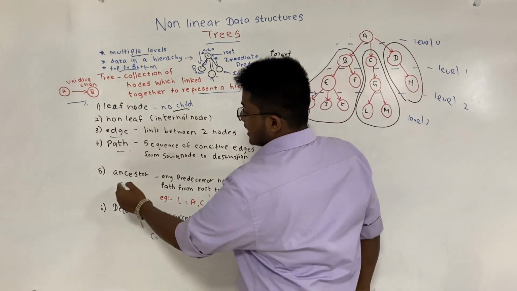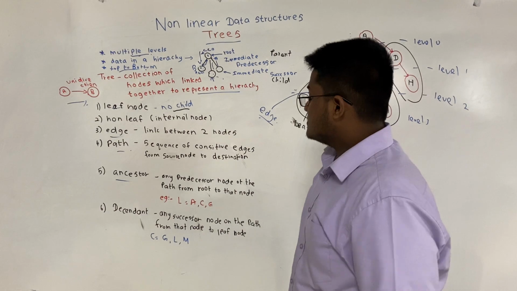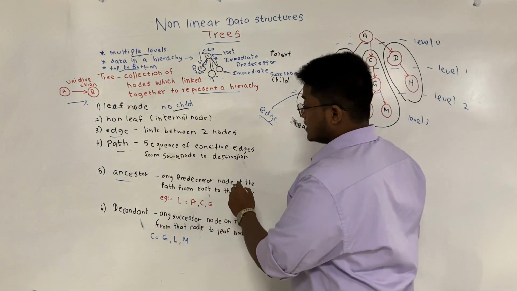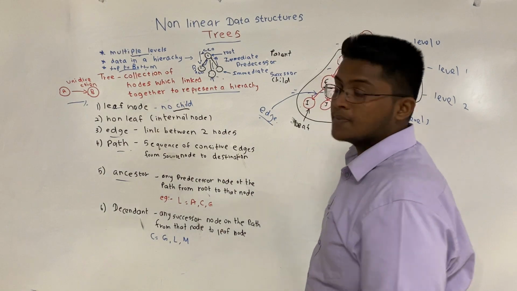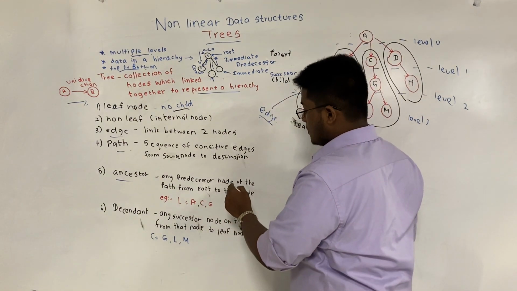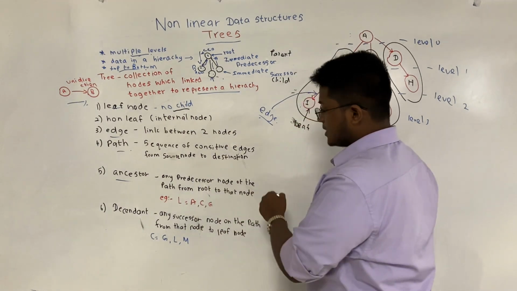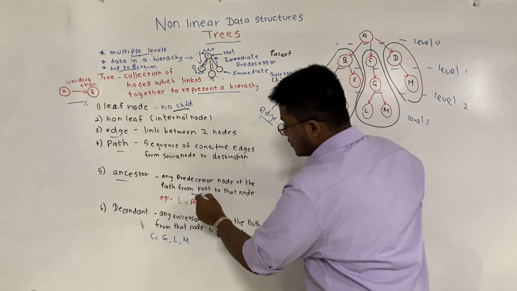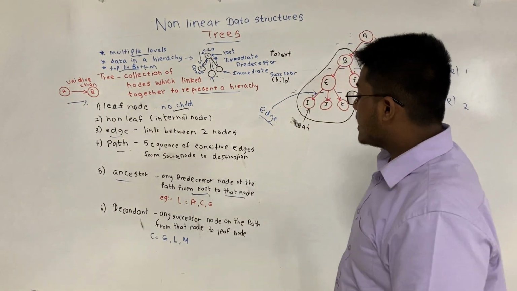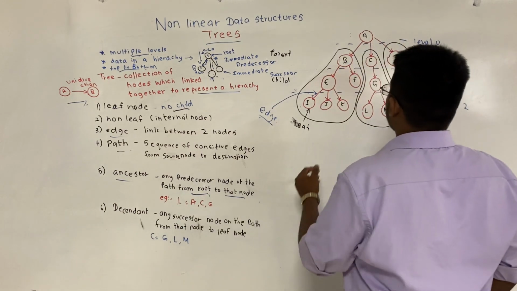What is meant by an ancestor? An ancestor is any predecessor node. What is a predecessor? It is a parent. Any predecessor node on the path from root to that node. For example, what are the predecessors of L?